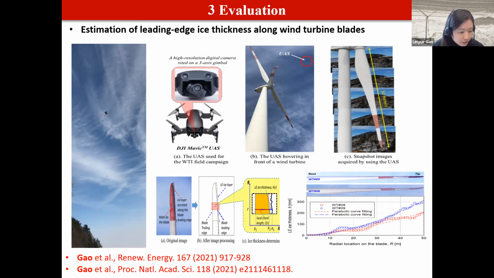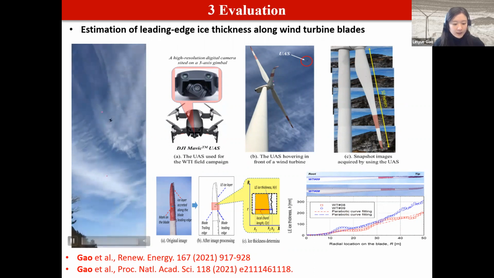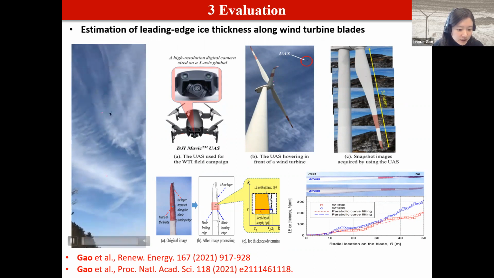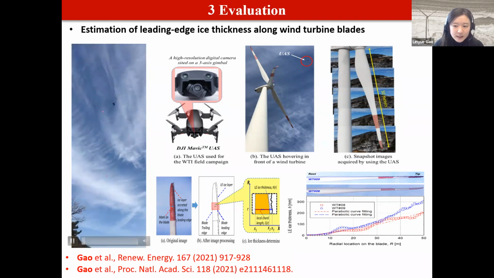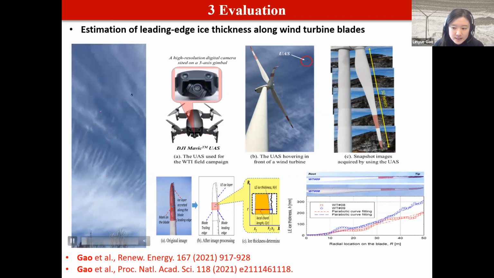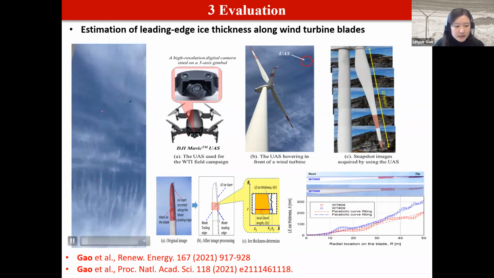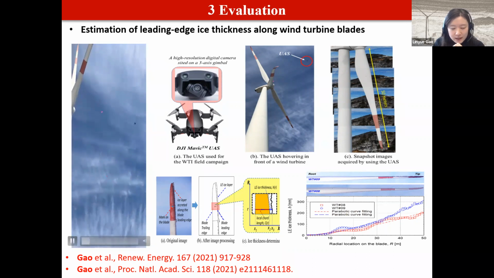Here it is a video. Let me click on it. Okay, so can you see this video? Okay, so we use this UAV system to characterize the ice accretion on wind turbine blades.